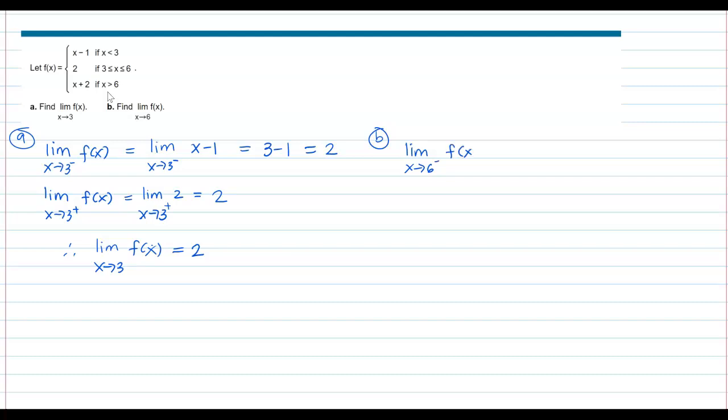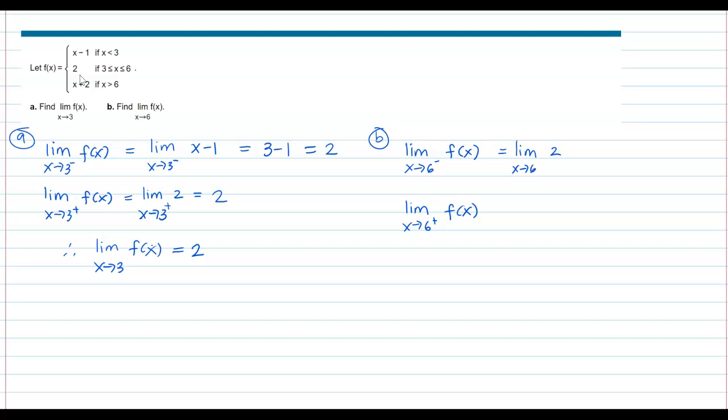So we have f of x as x approaches 6 from the left, and we also need to evaluate the limit of the function as x approaches 6 from the right. Now, according to the definition, from the left means less than 6. If x is less than 6, f of x is equal to 2. So this is equal to 2.